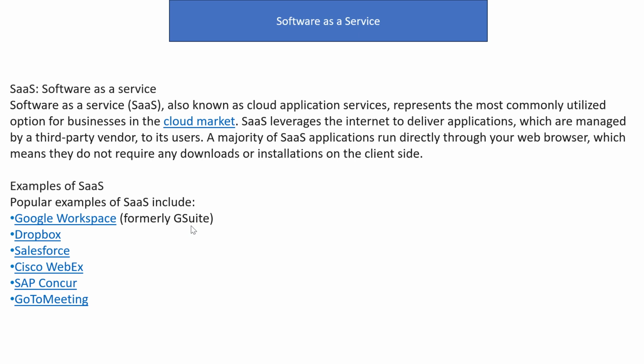But when it comes to software as a service, we are not at all going to perform any of the update and upgrade activities. SAP itself will take care, and all the administrative activities will be taken care of by the service provider. We don't need to bother about the administrative activities as well.